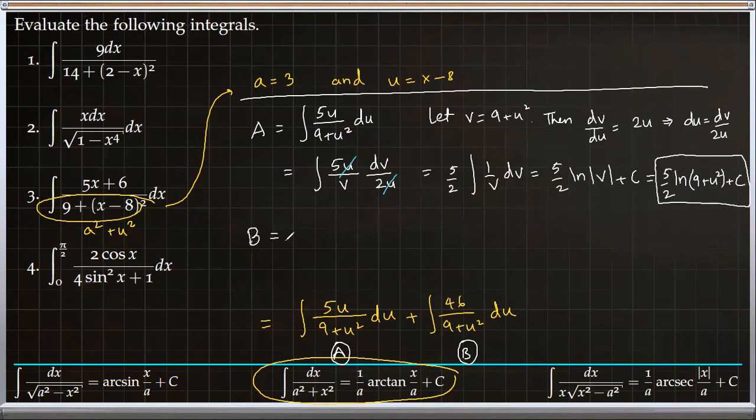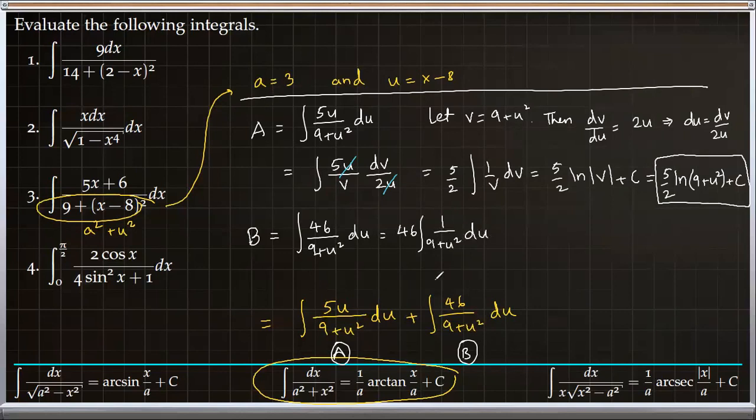So B equals this integral, 46 divided by 9 plus u squared du. Then I can pull that 46 out and make it 1 over 9 plus u squared du.